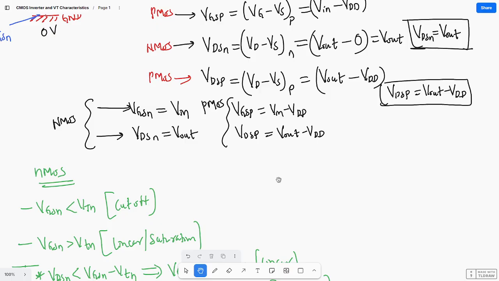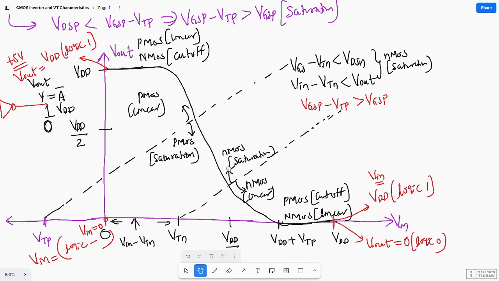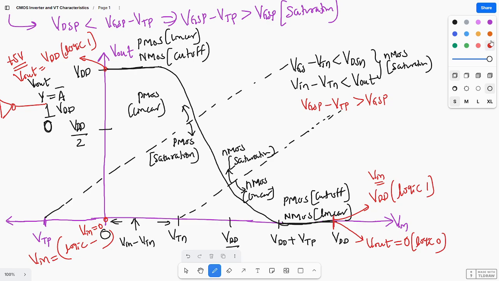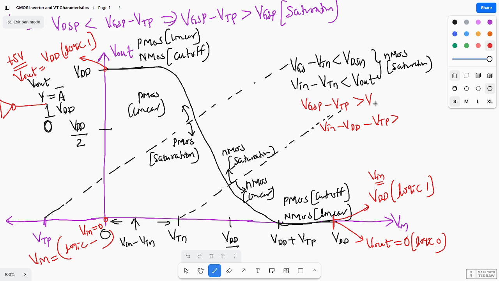I am going to substitute these. So V in minus VDD minus VTP is greater than VDSP, which is V out minus VDD.